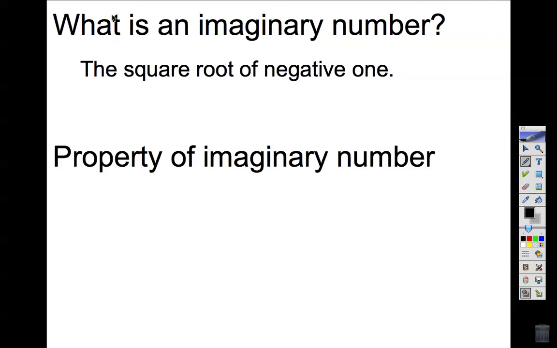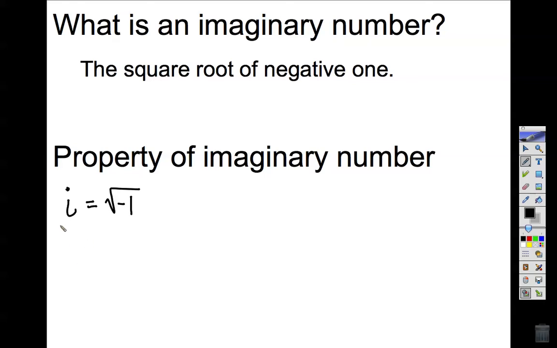All right, let's move on to a property of imaginary numbers that's going to be used when we simplify after we multiply these imaginary numbers. So i, the imaginary number, is equal to the square root of -1.